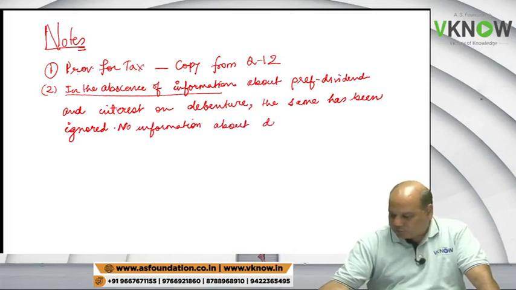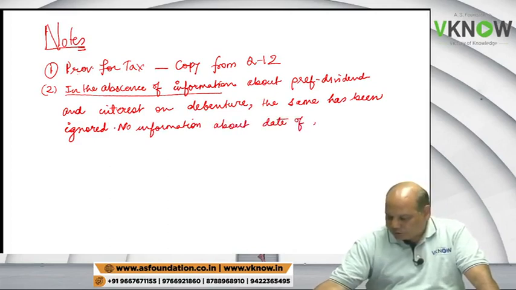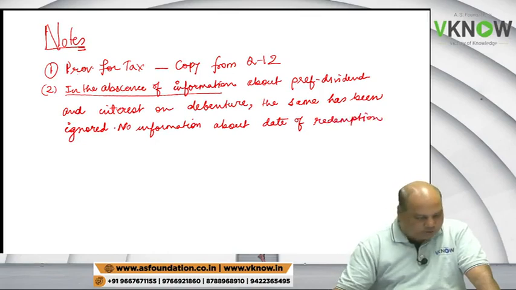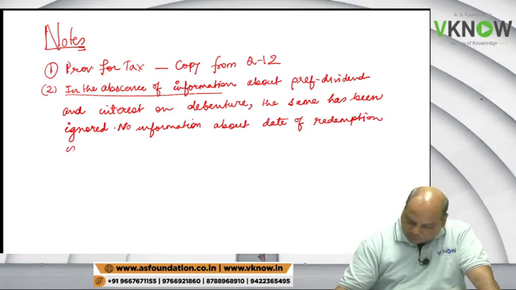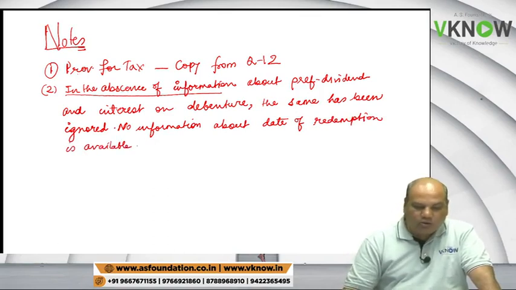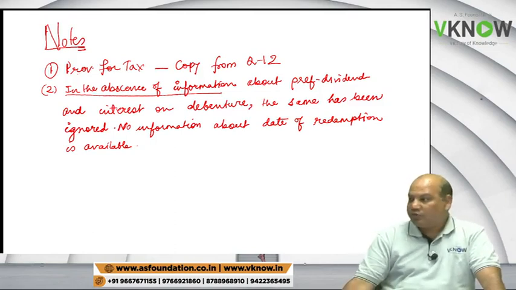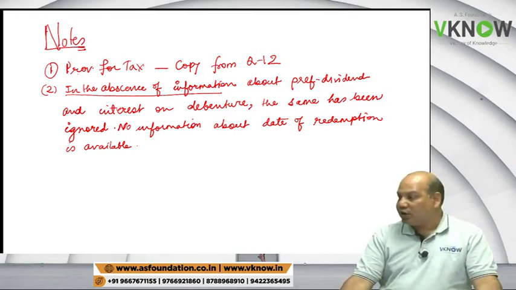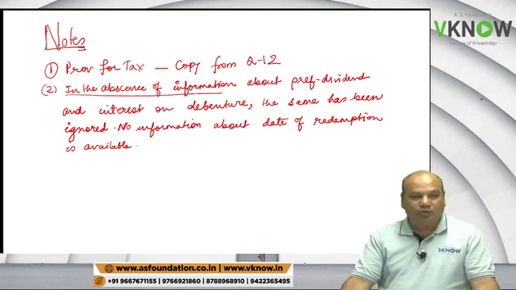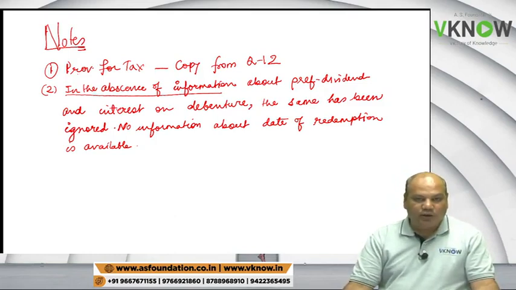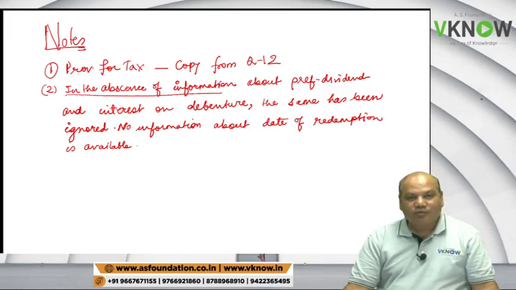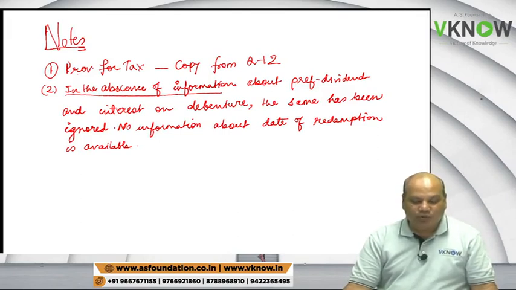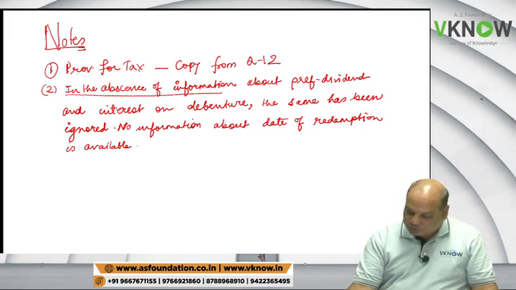No information about date of redemption is available. Accordingly, my answer will change. If I assume redemption at the beginning, interest and dividend calculation will change. If I assume redemption at the end, again my interest and dividend calculation will change. So, according to assumption, you can write if you want.